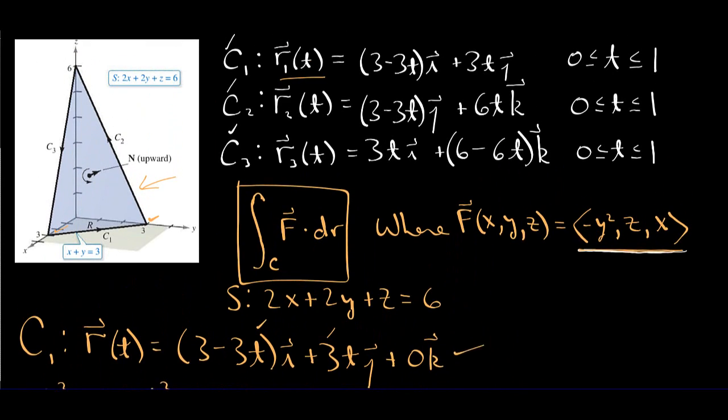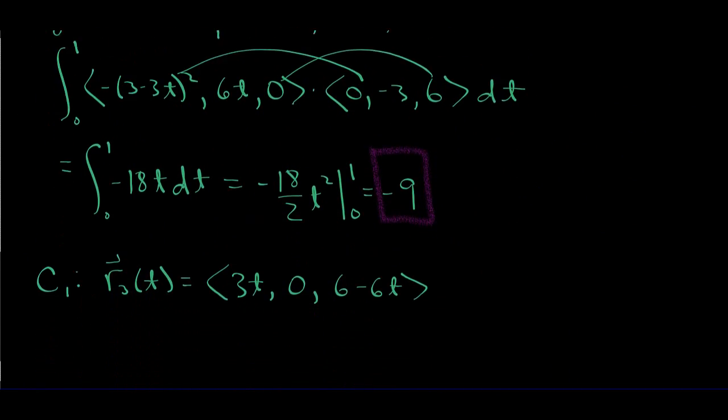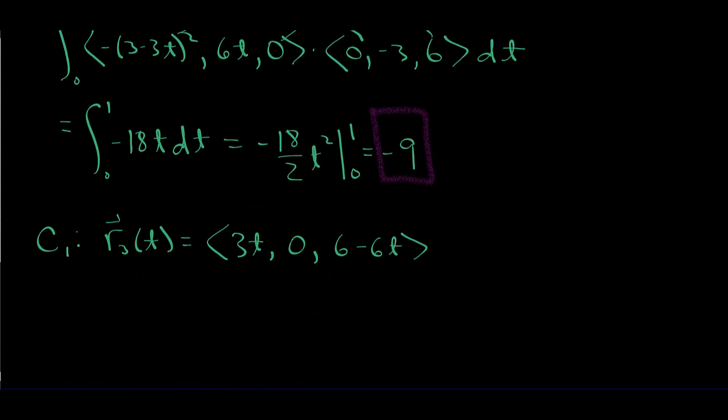This curve goes from 0, 0, 6 down here to 3, 0, 0. So let's see if that works. If we put in a 0 here, we got 0, 0, 6. If we put in a 1, we got 3, 0, 0. So that works. So just to verify it again.